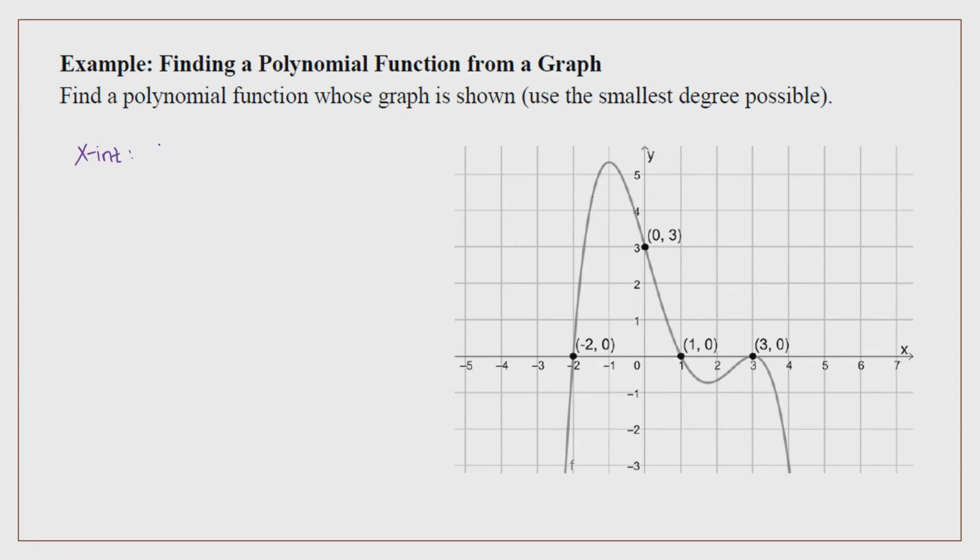So my x-intercepts are (-2, 0), (1, 0), and (3, 0). So that means my factors are going to be x plus 2, x minus 1, and x minus 3.